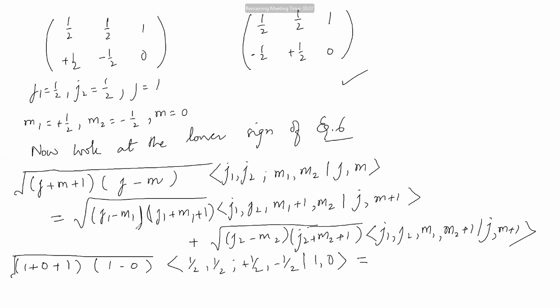We have J1 minus M1, half minus half, which is 0. Therefore this term is going to be 0. Then look at the second term, J2 minus M2.